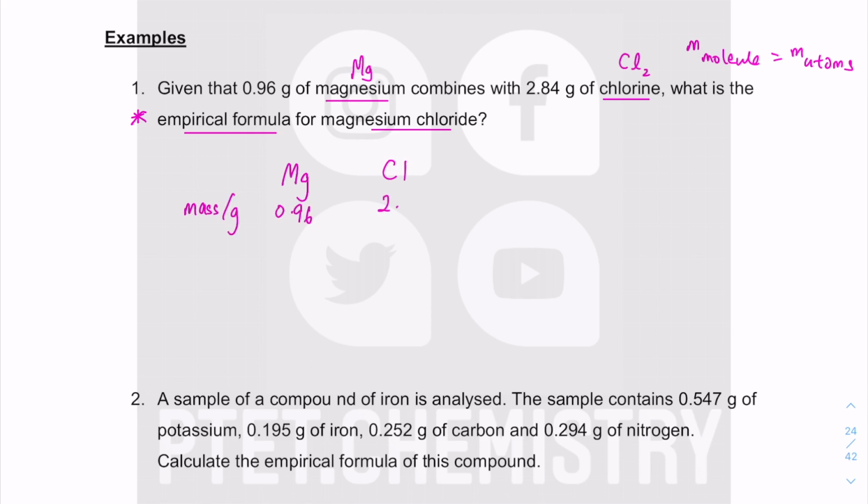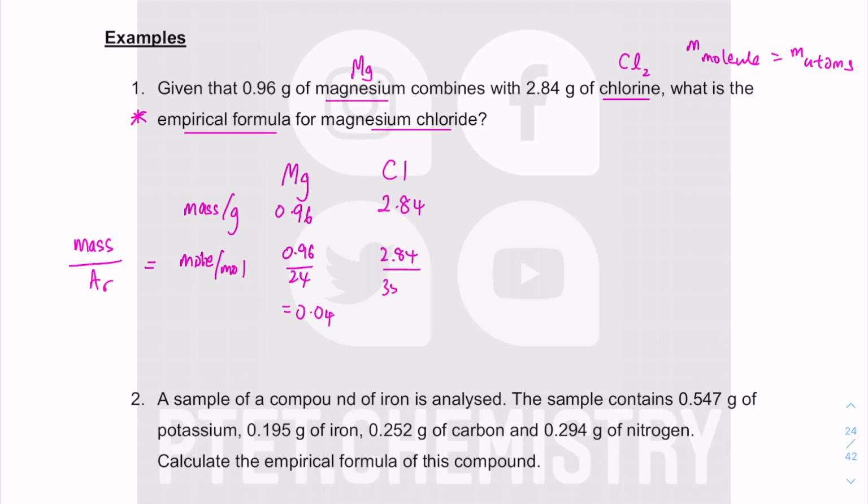The mass in gram is 2.84 gram. So the mole will have a unit of mole. Mole is equal to the mass in gram divided by the relative atomic mass in gram per mole. So that is 0.96 divided by 24, straight from your periodic table. So read the relative atomic mass, do not read the proton number. So that gives me 0.04.